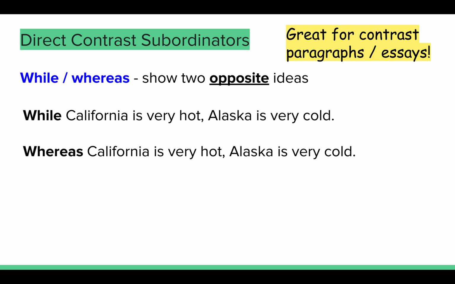We could say the same thing using whereas. Whereas California is very hot, Alaska is very cold. What are the two subjects we're comparing? California and Alaska. And what are the two opposite ideas? Hot and cold. So here we're using while and whereas to show two opposite ideas about the temperatures of these states.